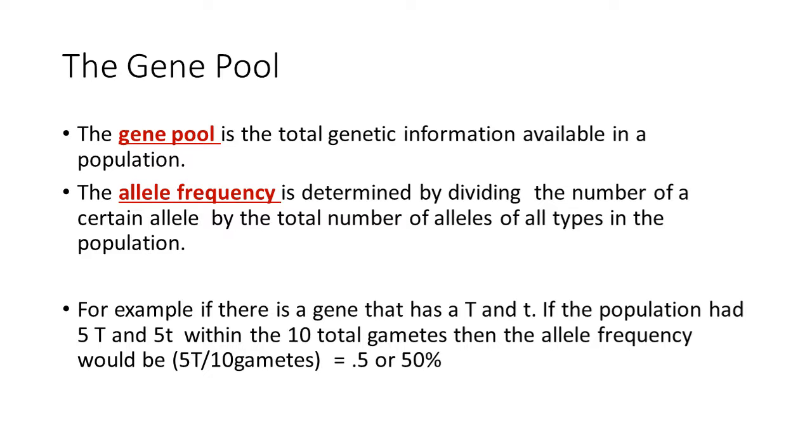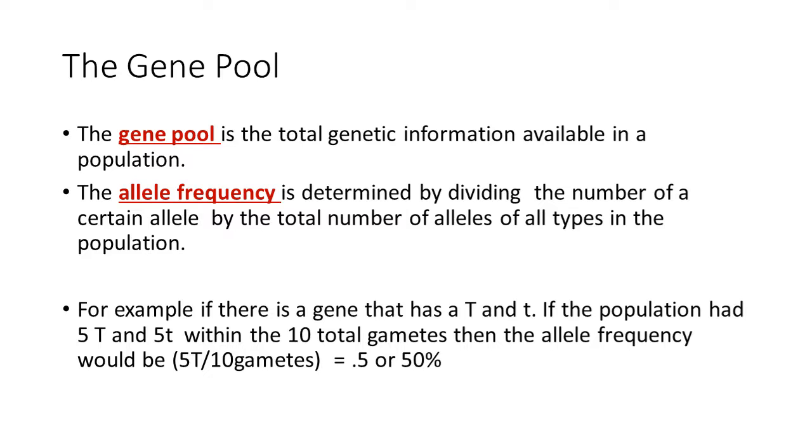To calculate allele frequency of uppercase letters, for example, T capital, you have to count T capital in your population, and then divide the number of T capital by the total number of alleles of all types in the population.